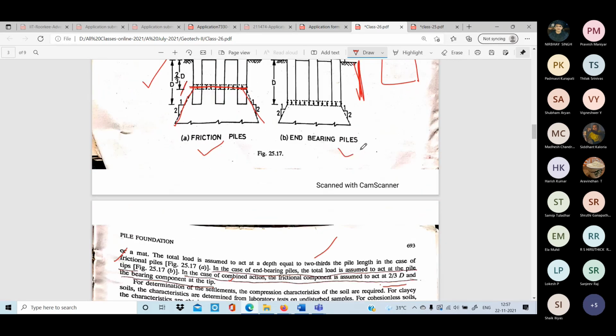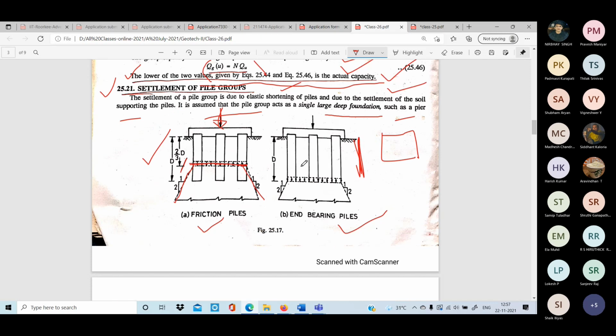For end bearing piles, suppose the soil is soft here, there won't be any friction. In that case, whatever load we are applying, suppose 100 kilonewton, the same 100 kilonewton will be passed to the end.